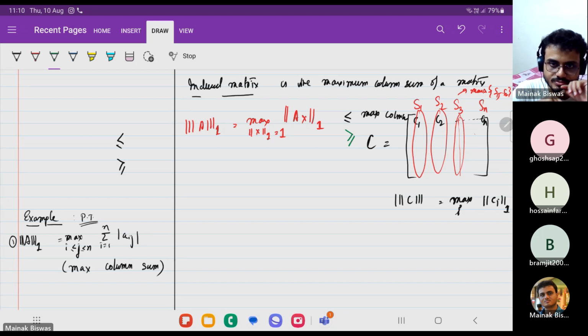Okay, let's do it. So Ax, what is it? Do you agree that it is equal to the sum of a_i x_i? Let's write A only so that there is no confusion at all.